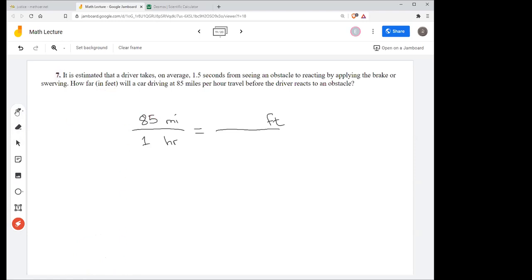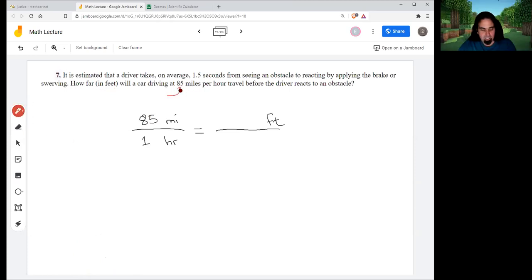Sure. So I will say 85 miles. There's 5,280 feet in a mile. And then whatever that is, that's how many feet we have here.